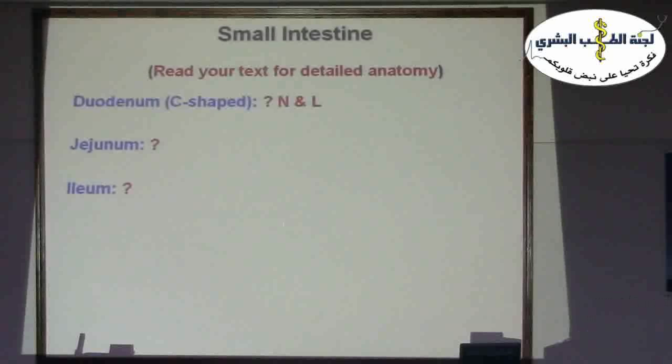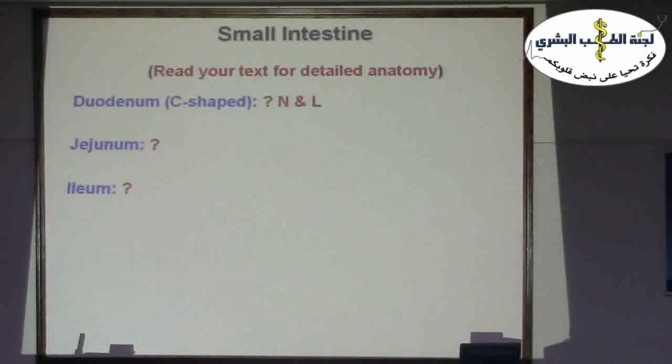If you move continuously to the lower right quadrant of the abdominal cavity, you will find the most twisted and longest part. It is the ileum. Ileum means twisted because it's the most twisted and the longest part of the small intestine. Jejunum is approximately 1 meter in length. Ileum is 2 meters.